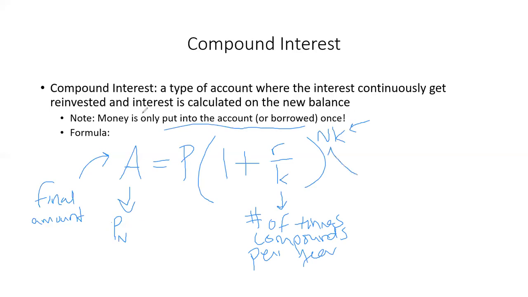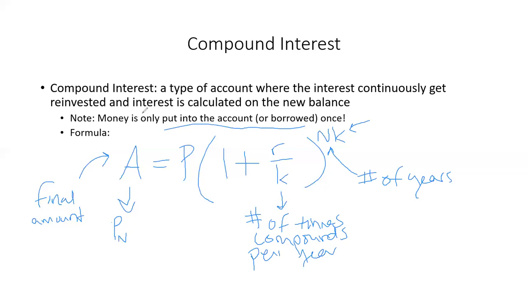And then N is the number of years. If you're following along with your ebook, it does explain it a little bit more on page 201.